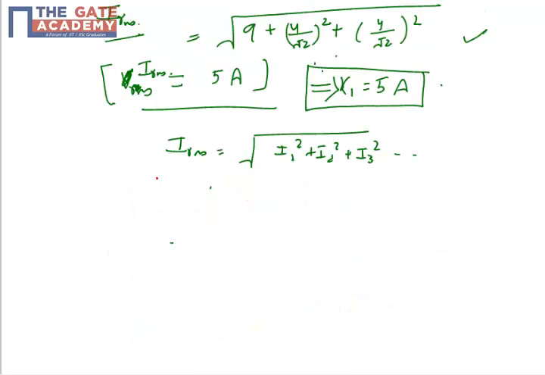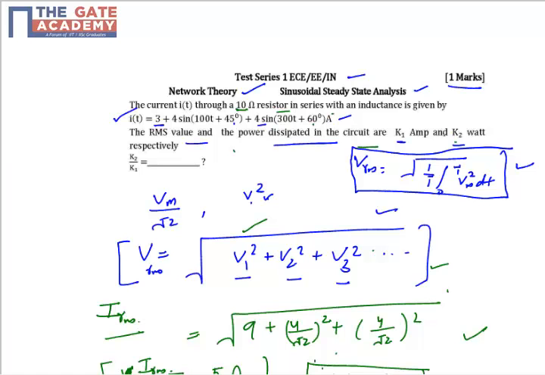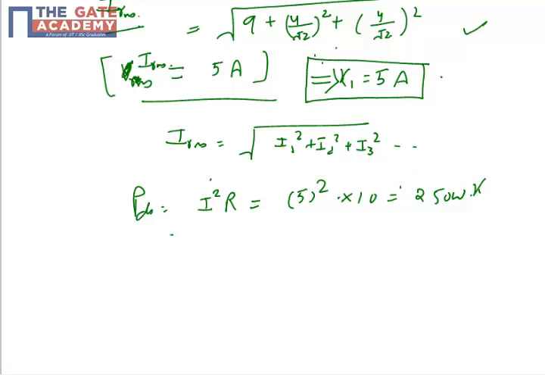So the power dissipation is I square R, that is 5 square into 10. So total 250 watt power is dissipated, and it is given that the power dissipated is K2. So K2 is the symbol for power dissipated, and the value of K2 is 250 watt.